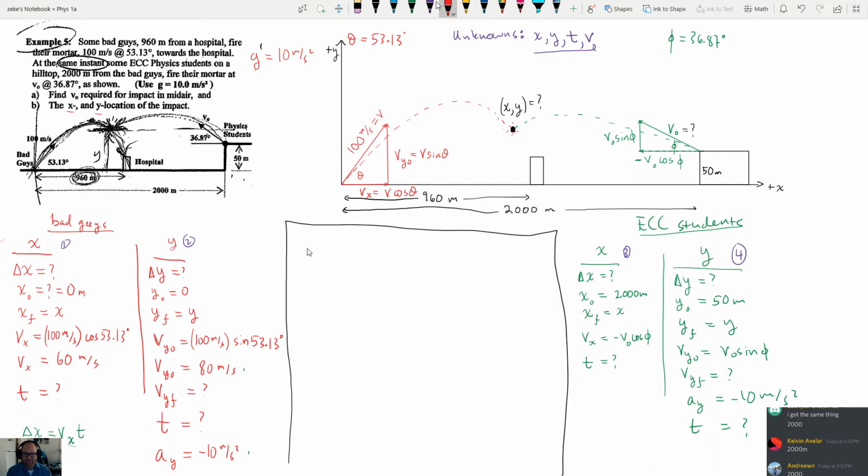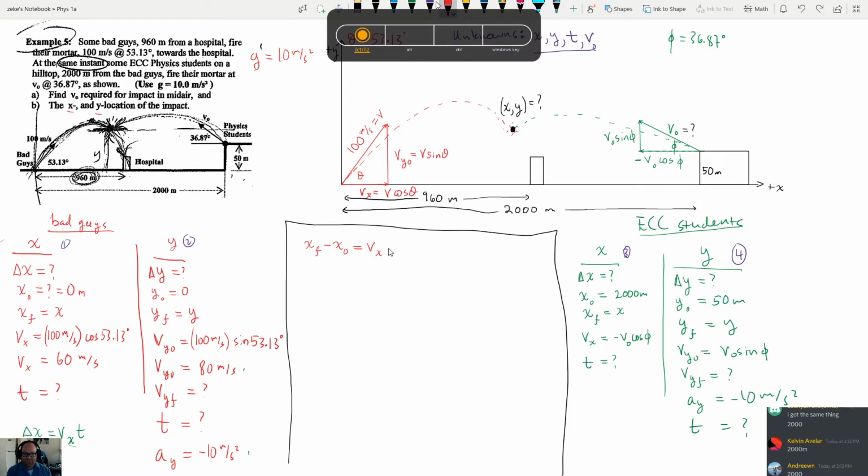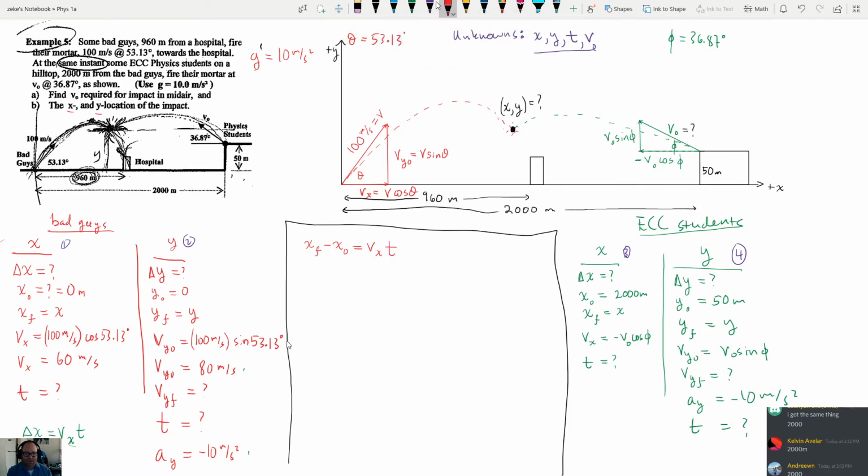We can write that basically x final minus x initial should be equal to Vx times t. And something's going to start happening here where we've basically used the same variables on the left as we have on the right. So we really are going to have to deal with that. We can either deal with it by using different colors to write the different expressions and then plugging in numbers, which might work.